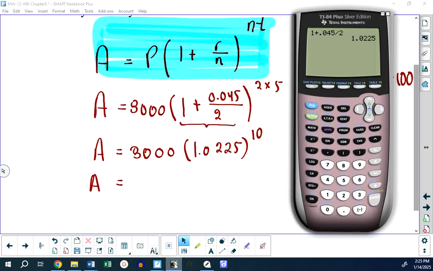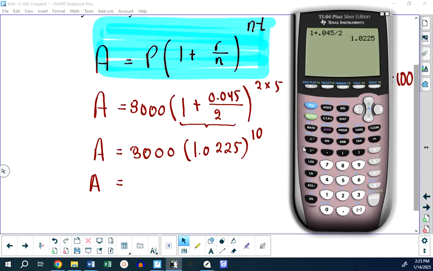Remember, and it doesn't matter what kind of calculator you have, you don't go 8,000 times 1.0225 and then hit equals and then raise it to an exponent. That's not what it means. You have to take that number and raise it to the exponent and then multiply by 8,000. If you want to do it in steps, you can, but there's no need to. You can put it into your calculator in one shot.